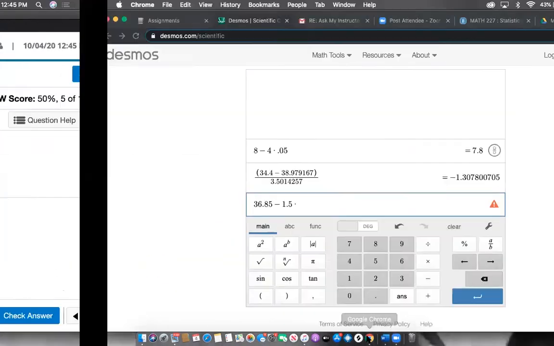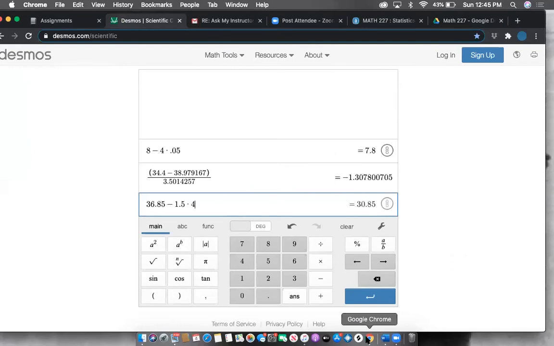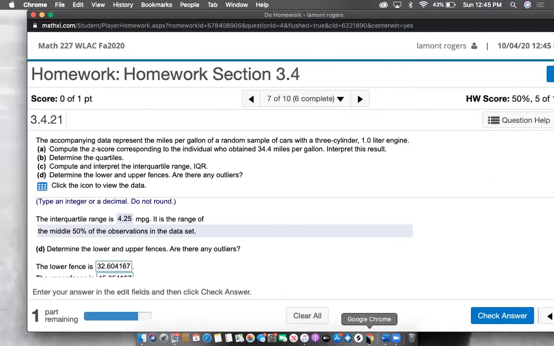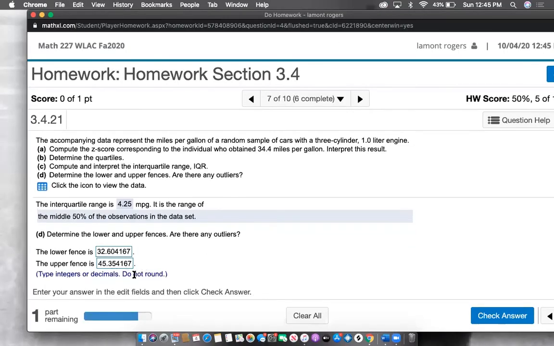Okay, just press that. So 30.475. See, we were too precise, right? Because we put more precision on our mean and standard deviation.